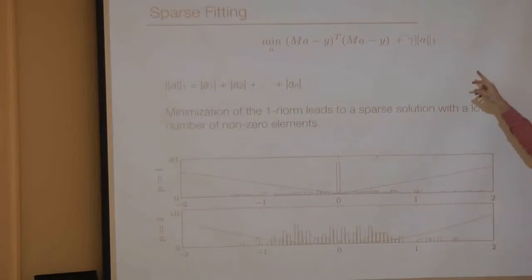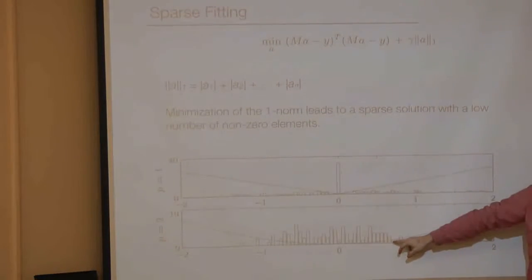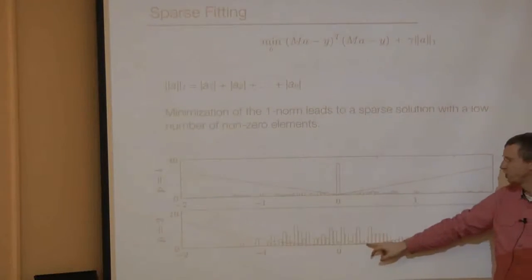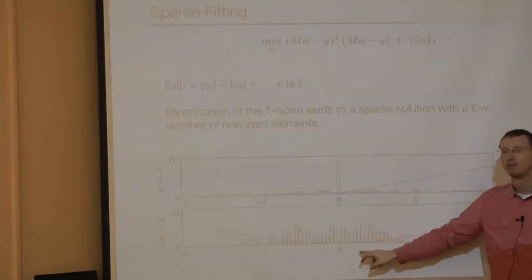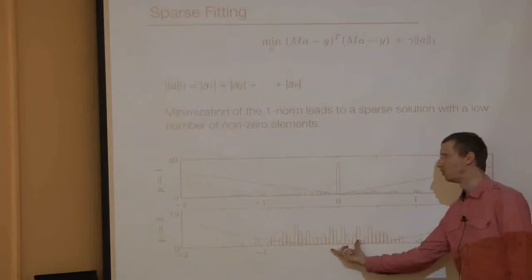However, if we would instead minimize the two norm of A, this is what would happen. A large number of coefficients would have small values, because for the optimization, after you square the small numbers, they are equally good or equally bad. So here, the number of exactly zero elements would be much lower.